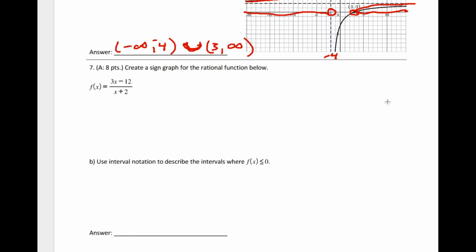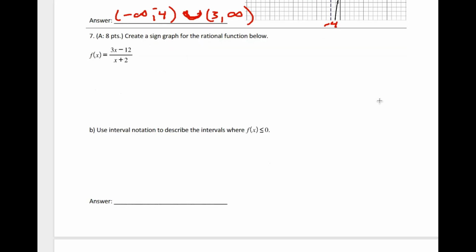Okay, last problem. This time we don't have a graph, we're just going to use a sign chart. To create a sign chart, we're going to draw an x-axis here. And we're going to label the points where the zeros and the vertical asymptote occur. So the vertical asymptote here occurs at x equals negative 2. I'm just going to put a little note that that's a vertical asymptote.